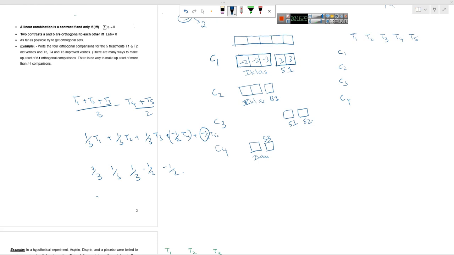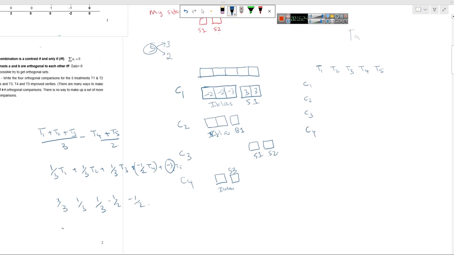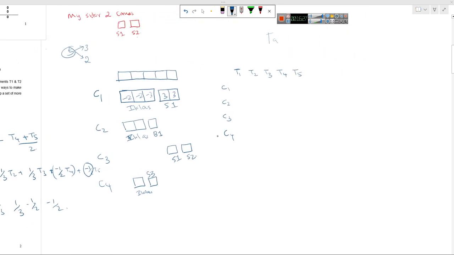So if you add all these, you get 0, right? So hope you have understood that concept. Now it becomes like this: minus 2, minus 2, minus 2, minus 2, plus 3, plus 3. So you get summation 0. Okay, you will have to check whether you get 0. Summation Ci gives you 0.